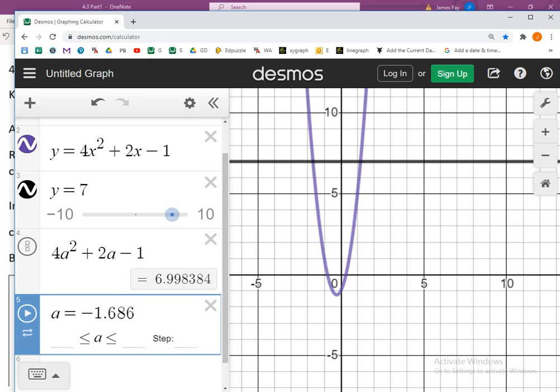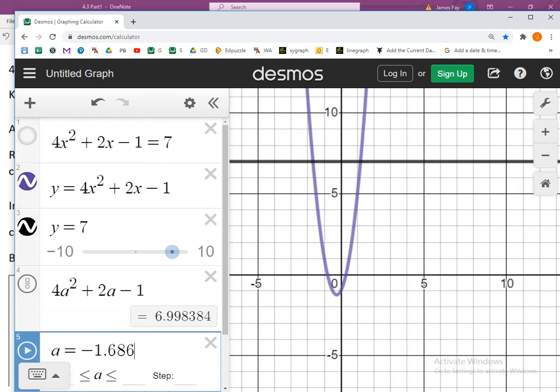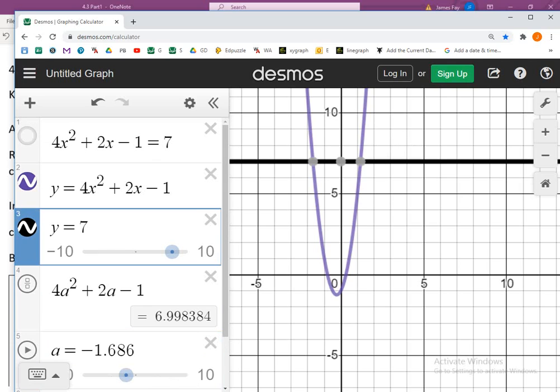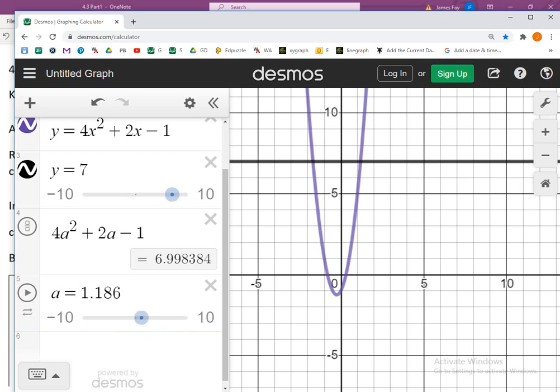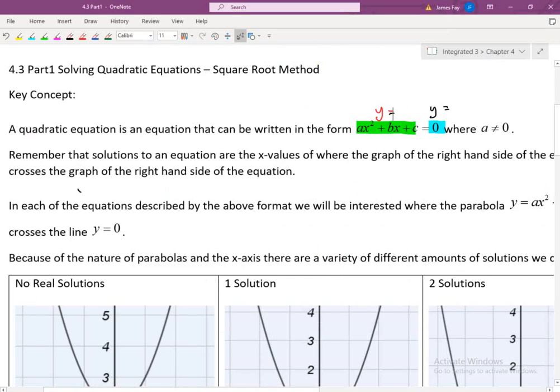It's really close to 7. If I try the other number, 1.186, it's also really close. If we had the exact full decimal, this would go exactly to 7. So the solution to any equation is the x value where the two graphs cross.